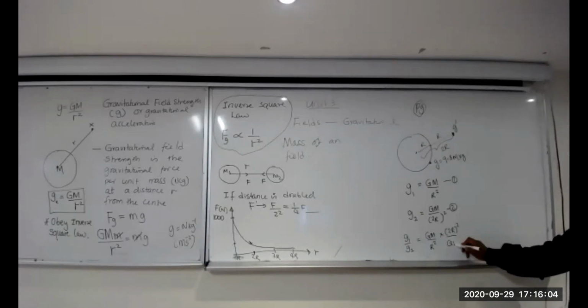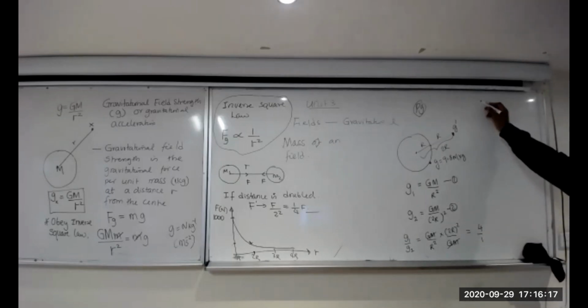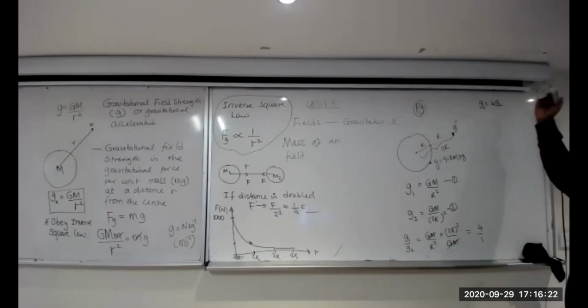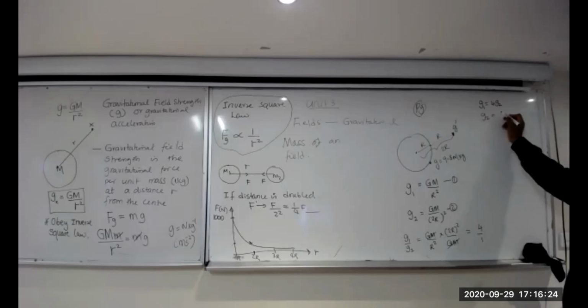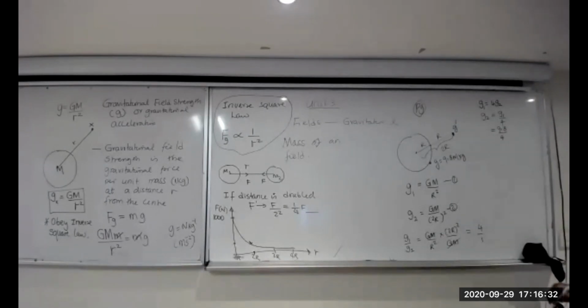Division converts to multiply, and what you get is 4 at the top. So your g1, at the surface, is 4 times g2. Or you can just do it in your head: it's going to be 1/4 of what you had before. That's the gravitational field strength. So that's the acceleration, if they're asking for acceleration.